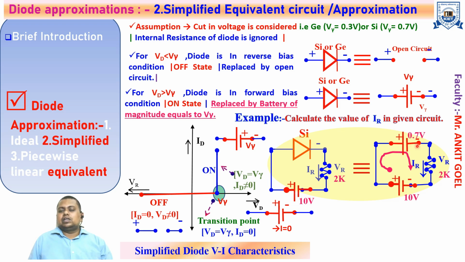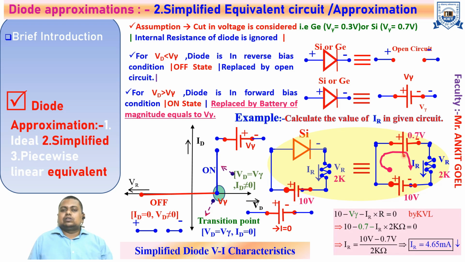You can see that it is opposing the flow of the input current, depicting the behavior of the barrier potential. So easily now you can see that when we approximate the behavior with the battery, it is giving me the simplified approximation, right? Now I can easily calculate the voltage and current across this element, right? Easily applying the KVL in this loop, we can find the value of IR as 10 minus V gamma minus IR into R is equal to 0, right?